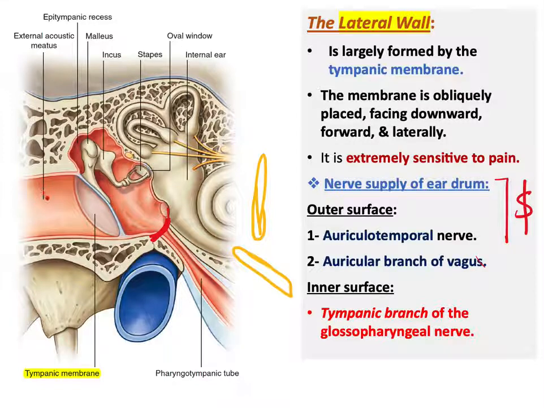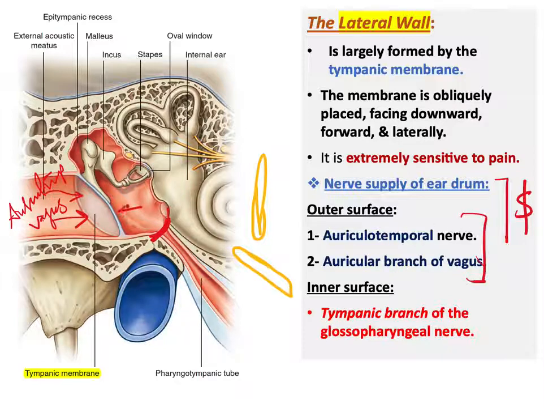Very simple. You remember the external acoustic meatus is innervated by the auriculotemporal nerve and vagus nerve, and minor participation from the facial nerve. So the lateral, outer surface of the tympanic membrane is innervated by the same nerves, auriculotemporal and vagus, right?